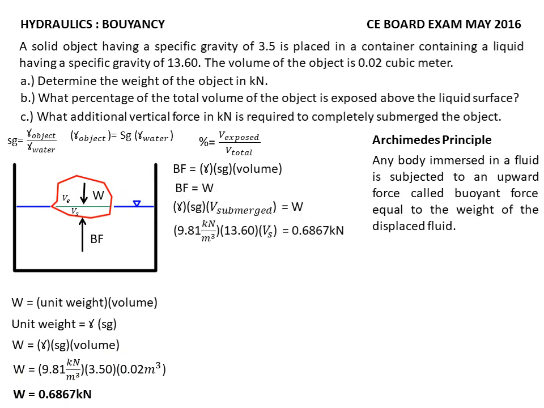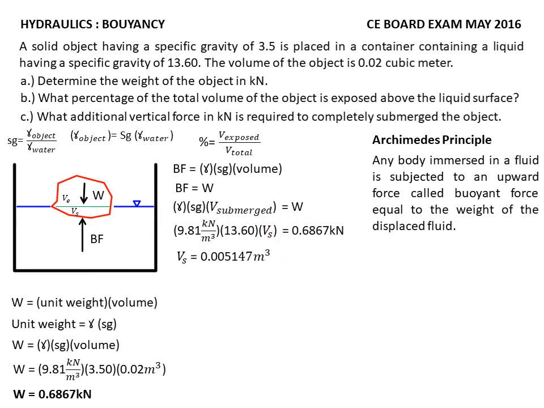So, substitution: 9.81 is the unit weight of water, and the specific gravity of the liquid is 13.6. Multiply the volume submerged, which is equal to 0.6867 kilonewton. So we only have one unknown, the volume of the submerged.